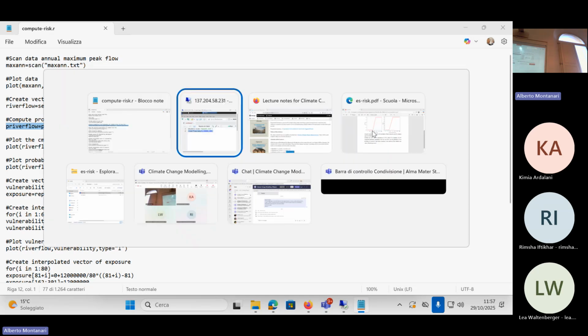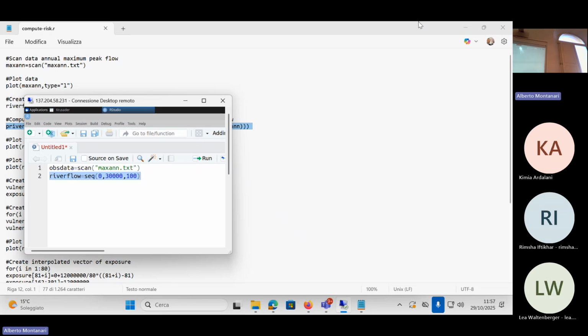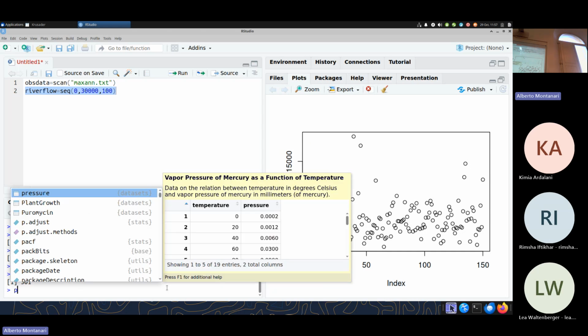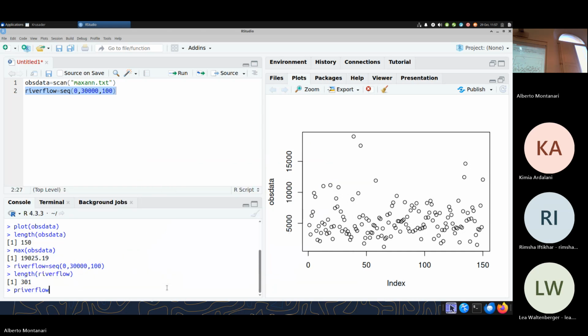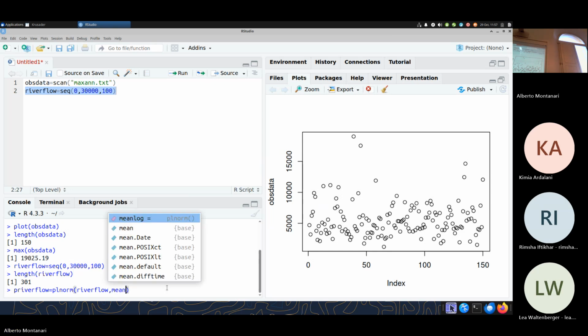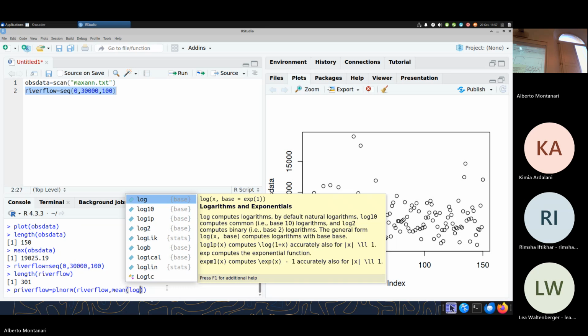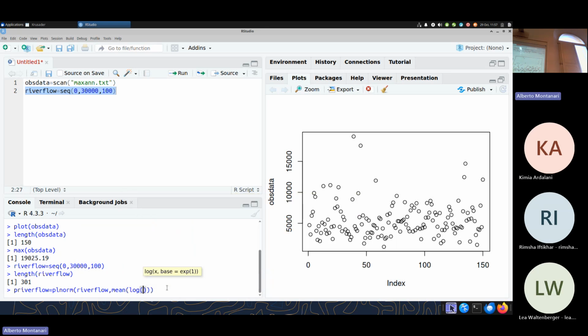And so here we are. So P river flow is equal to plnorm, okay, and river flow. Now we have to compute the mean of the log of Maxan.